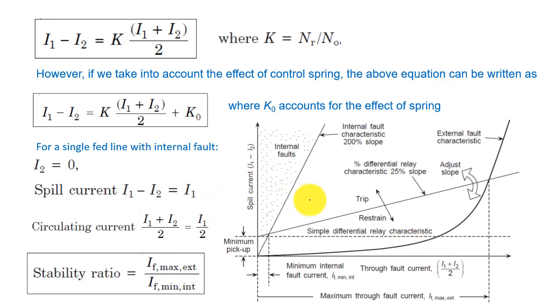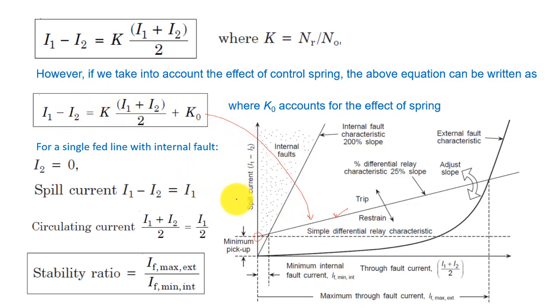Let us see how the characteristic for a percentage differential relay is obtained. We can see here, this straight line with an intercept is the characteristic for the percentage differential relay, right? How is it obtained? It is in fact obtained from this equation.